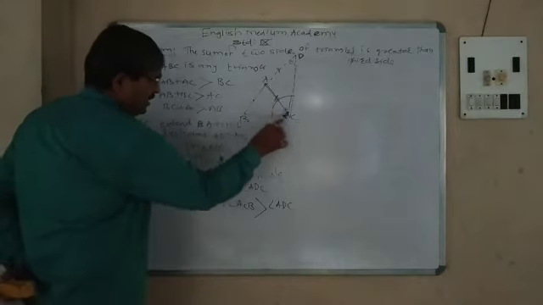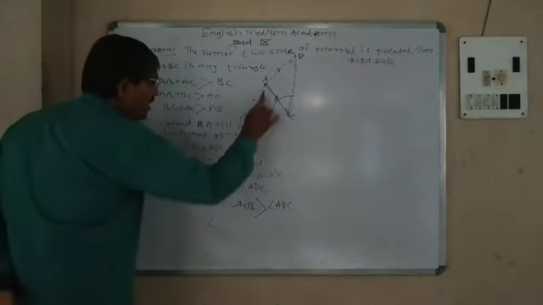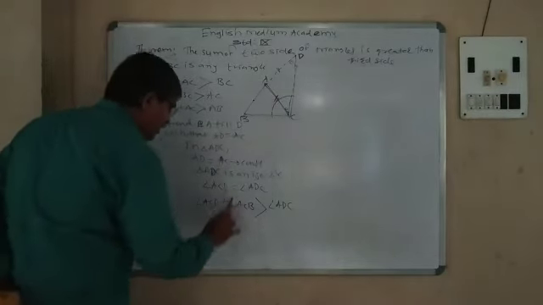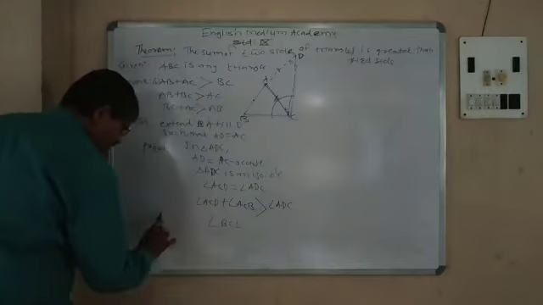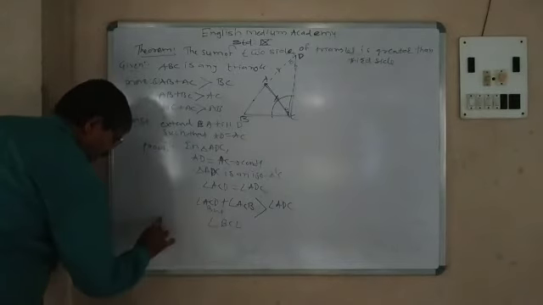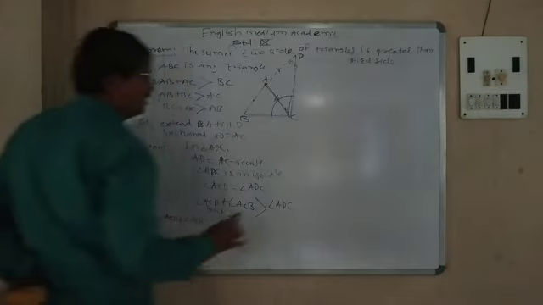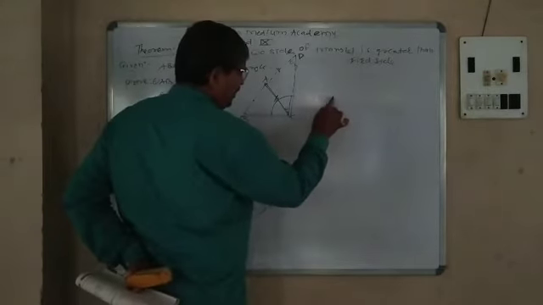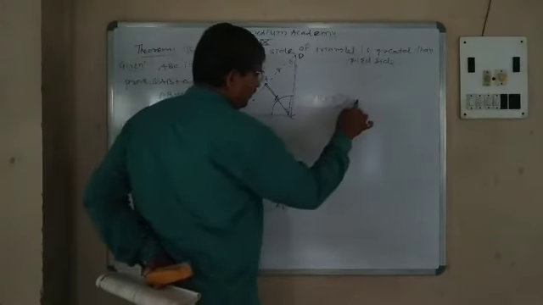Then angle ACD plus angle ACB means angle BCD is becoming. You may write, angle ACD plus angle ACB is equal to angle BCD. So I will write here angle BCD is greater than angle ADC.